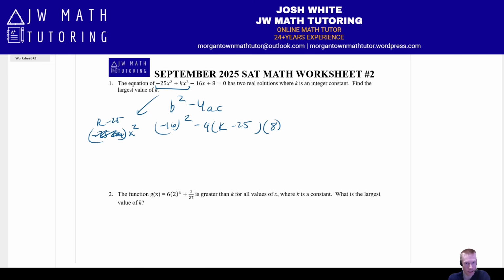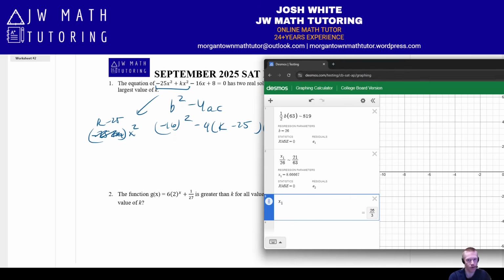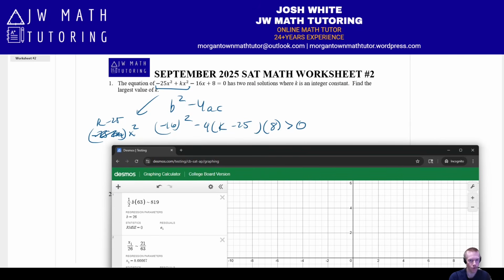Now technically you want this to be greater than 0, but what I'm going to do is go to Desmos and solve it to avoid doing all the work by hand. I'm going to solve this for being equal to 0, and I'll explain why in a second.